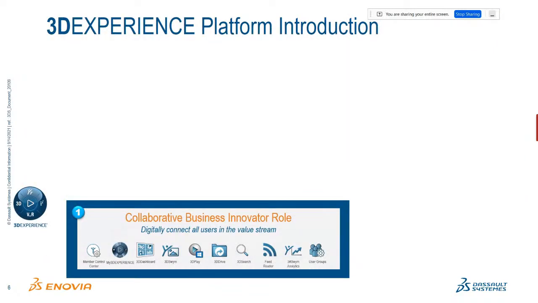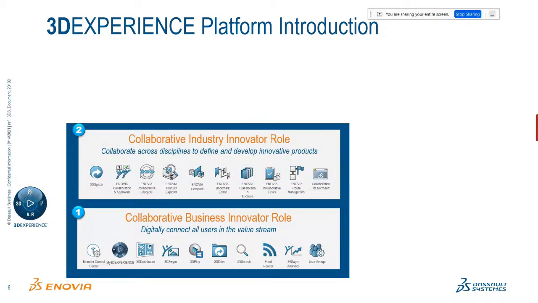So before digging into the details of what these roles will give me as a user, let's start to understand how they are positioned within the platform. As you know, the platform has the Collaborative Business Innovator role, or IFW, where you can connect all the users in the value stream digitally.